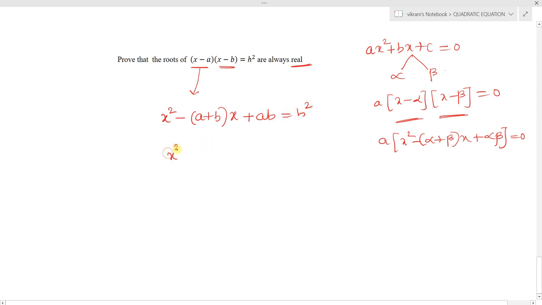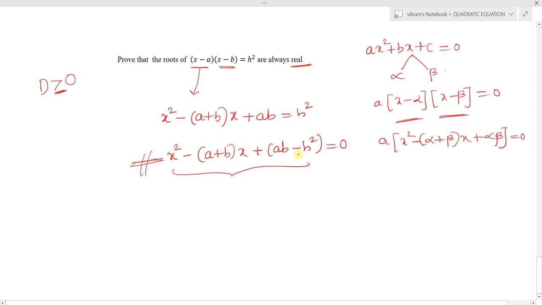We can write it as x square minus a plus b into x plus ab minus h square equals 0. He is asking about the roots of this equation, that they are always real. When the roots are real, the discriminant is greater than or equal to 0. So now find the discriminant for the obtained quadratic equation.